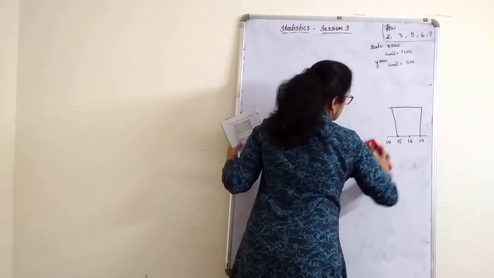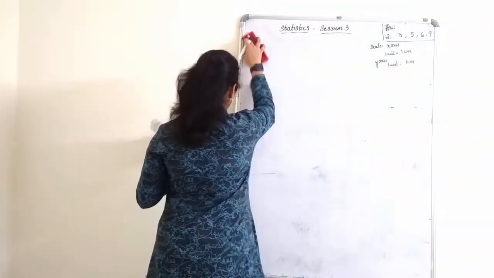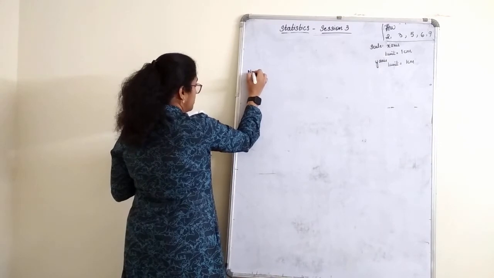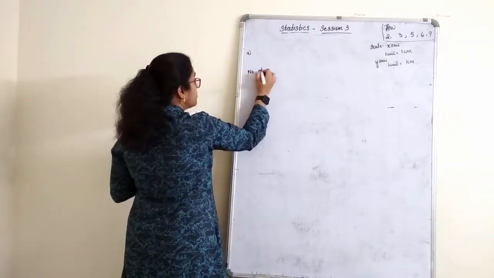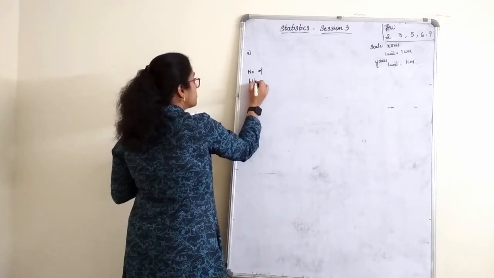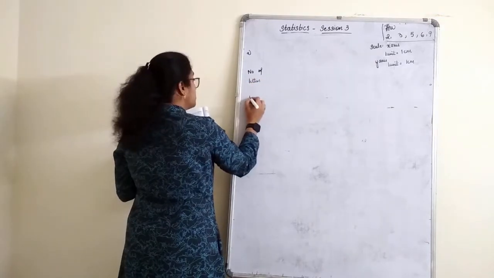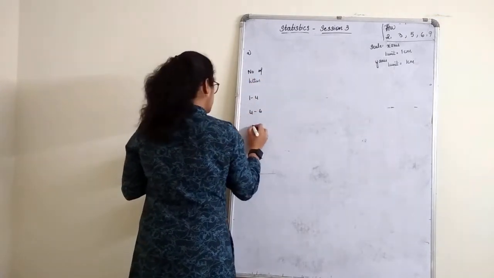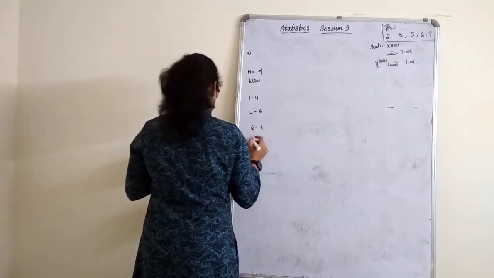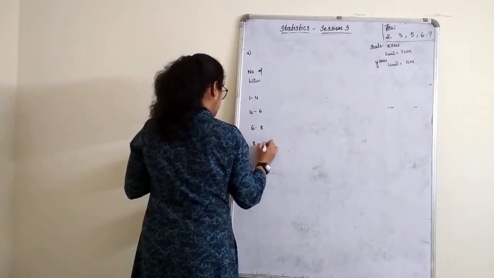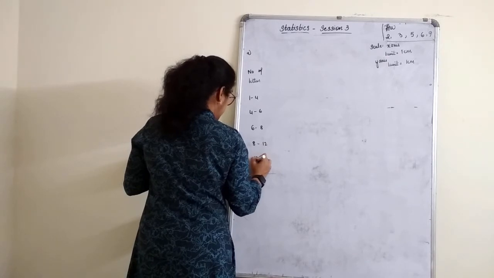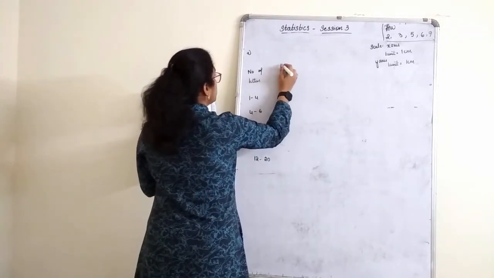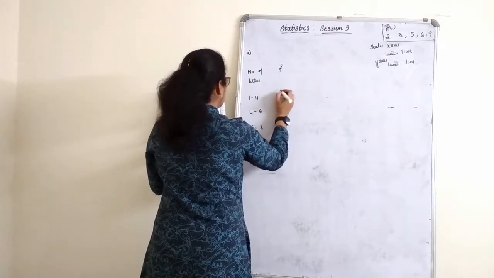Graphical part, I think you can do it. We have number of letters: 1 to 4, 4 to 6, 6 to 8, 8 to 12 and 12 to 20. Number of surnames, frequency I'll write directly.